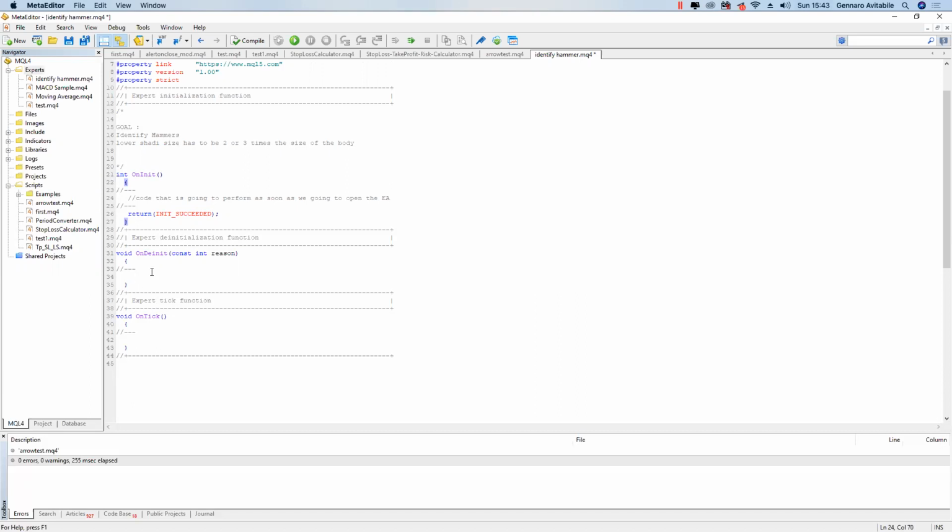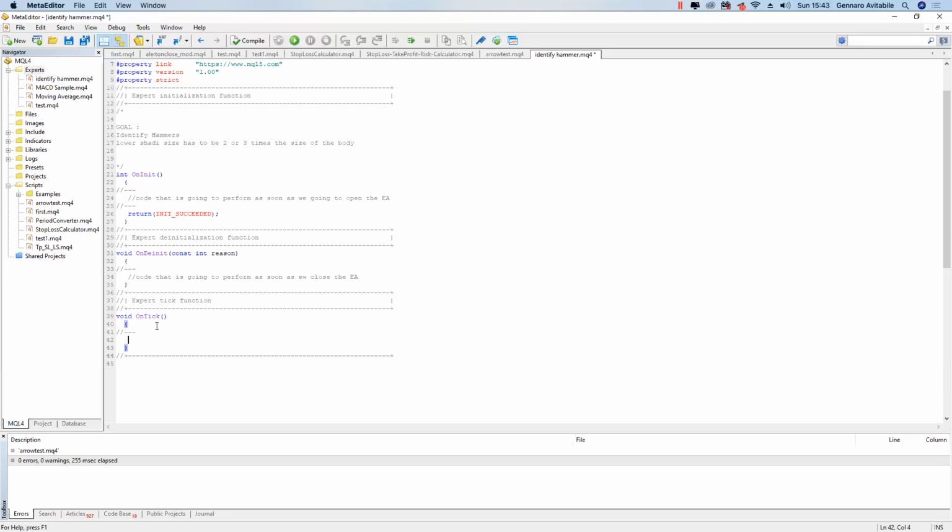This one instead is the code that is going to perform as soon as we close the EA. And in OnTick, this is the function that is going to update every time the tick moves.